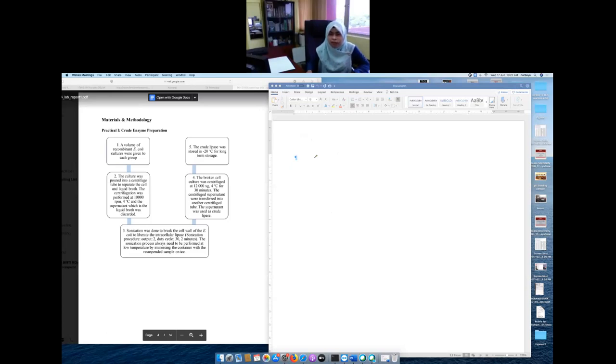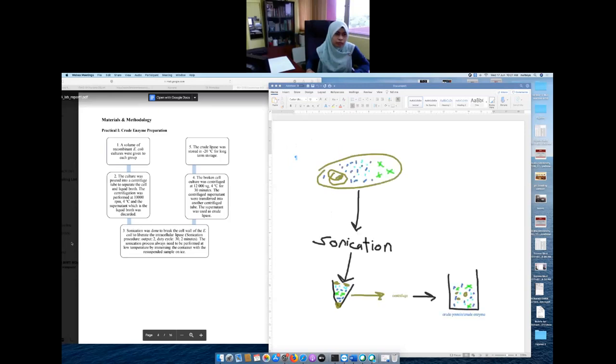Okay, so now we have this crude. This is called crude just now. Yeah, we got it. So from this, or maybe I will just go up there, from here we do the lipase assay.